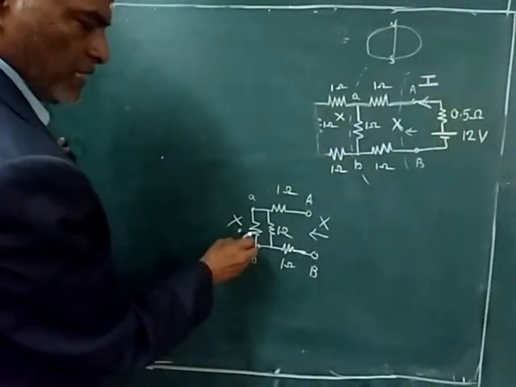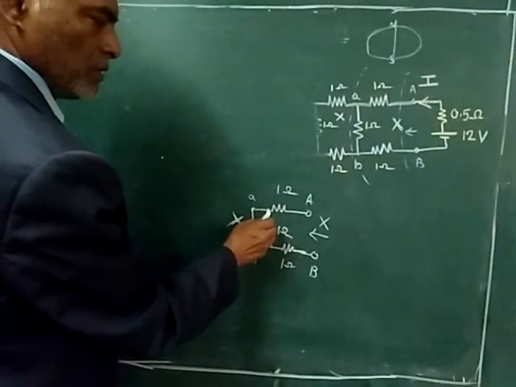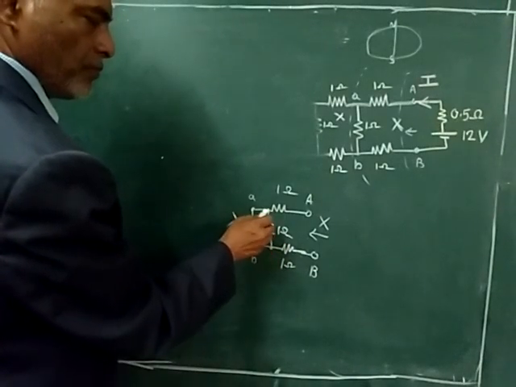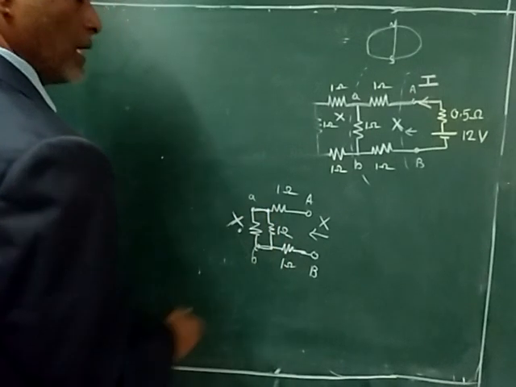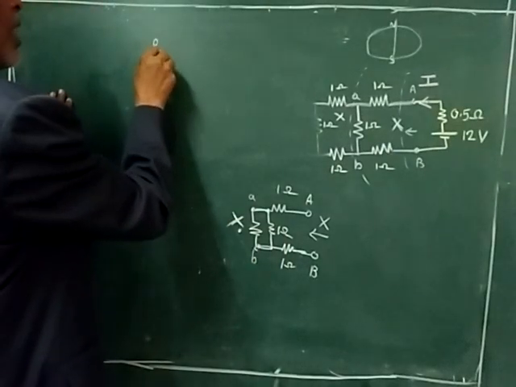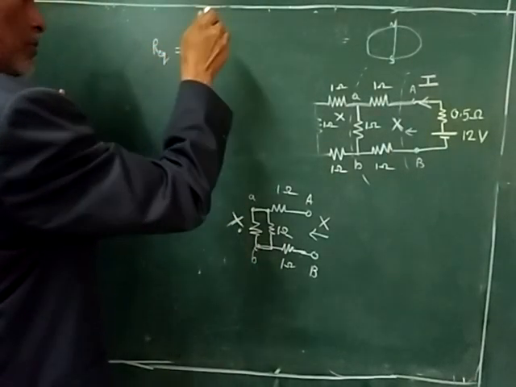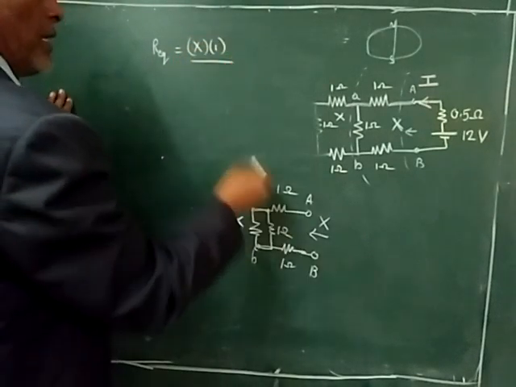Now if you carefully see, this X ohms is in parallel with this 1 ohm, because this point and this point are the same for both ends. These two are in parallel. For parallel resistance, you all know that R equivalent is equal to X into 1 divided by X plus 1.